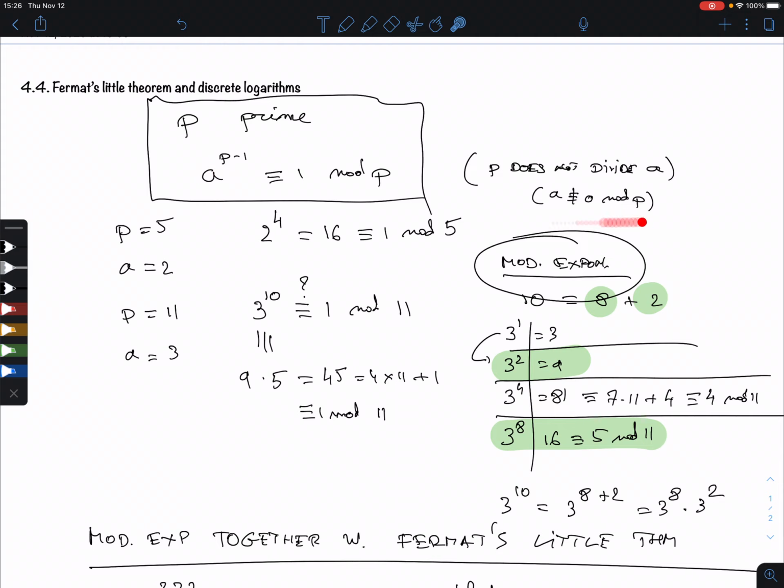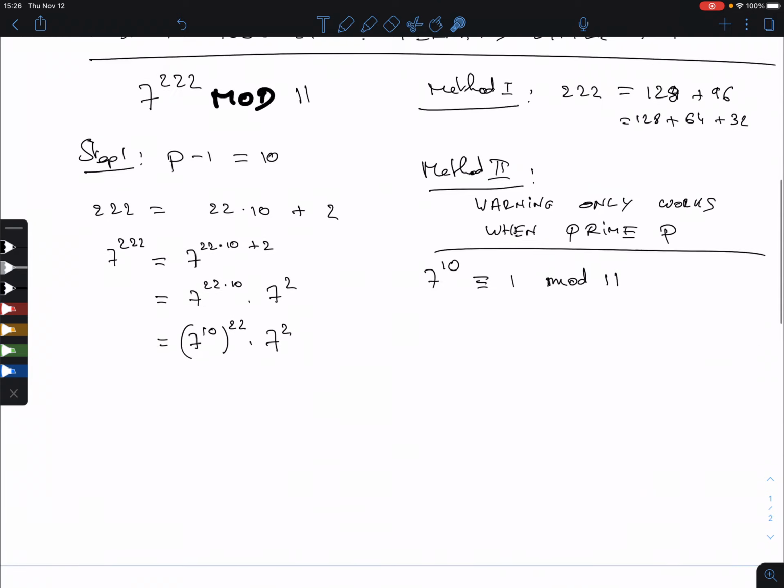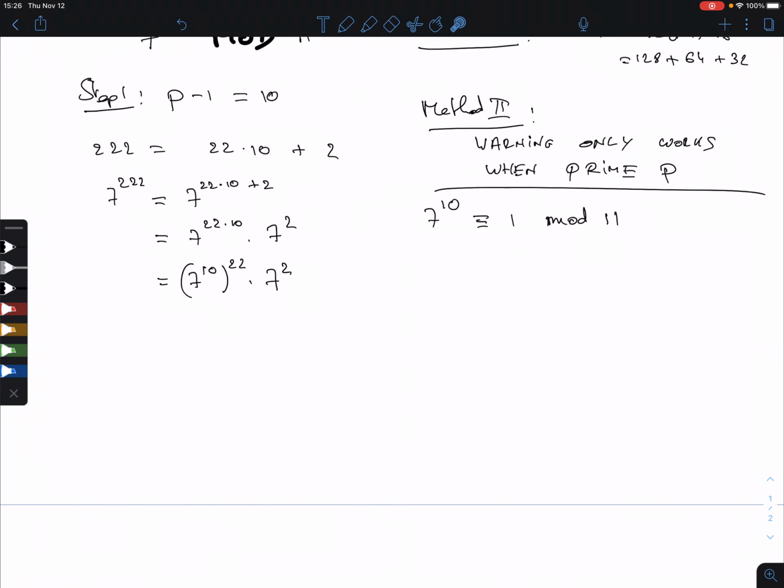Remember, as long as A is not divisible by P, it's fine. So 7 to the power 10 is 1 mod 11. That means this part is 1 mod 11, and now I take the 22nd power of 1. I don't care how big a power you take, it's always going to be 1.